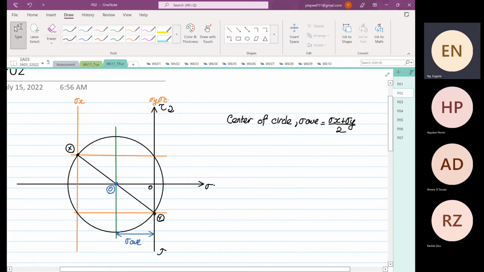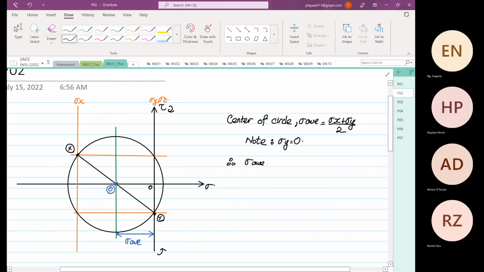And then I'm going to denote that stress Y is equal to 0. So therefore, the average stress is equal to stress X divided by 2.